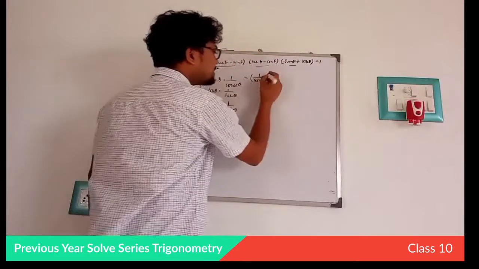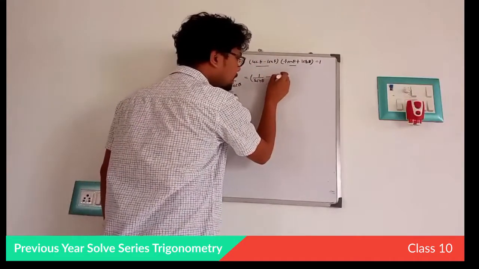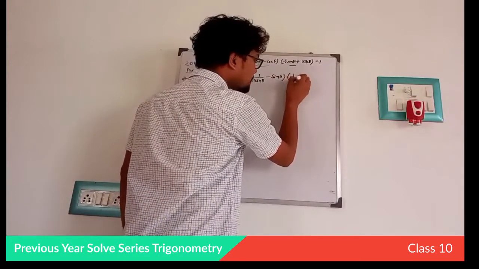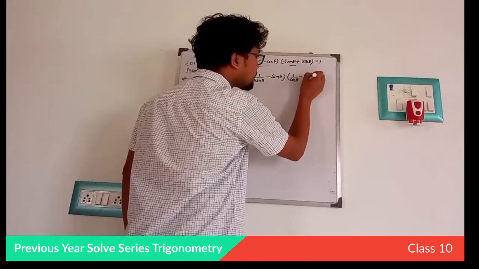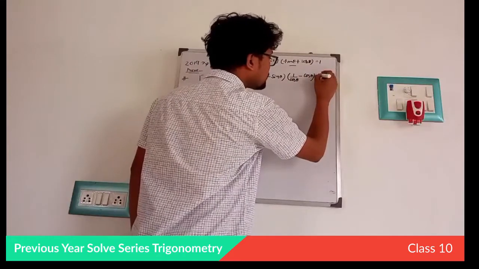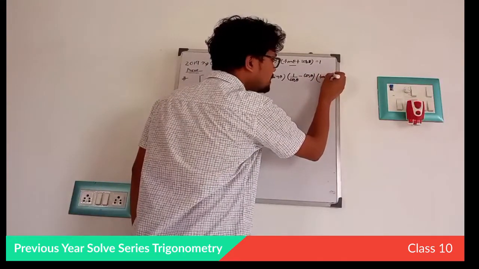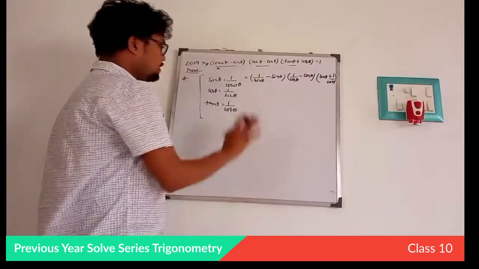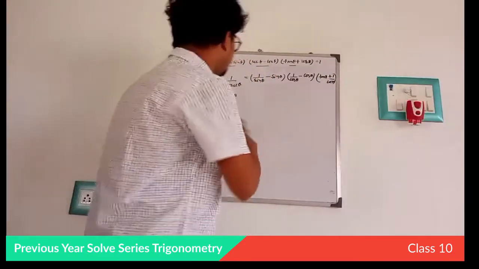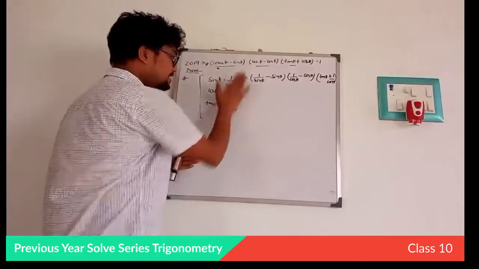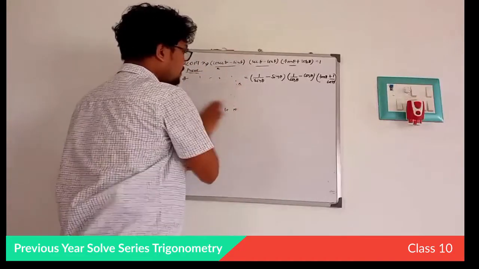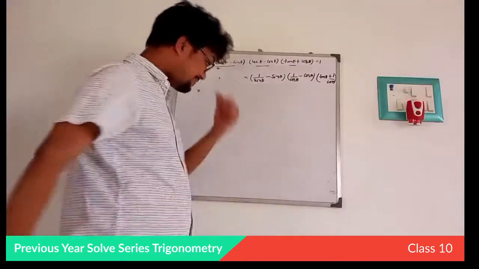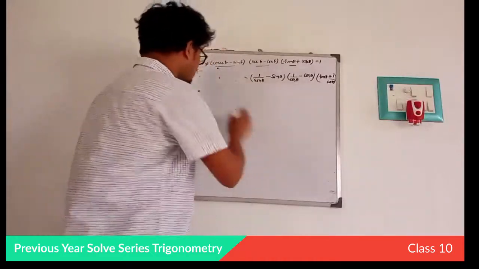Fine. 1 by sin theta minus sin theta, 1 by cos theta minus cos theta, and tan theta plus 1 by cot theta. Okay, fine. This is my first line. Next, now we have to do LCM.